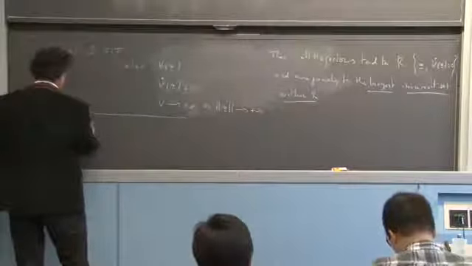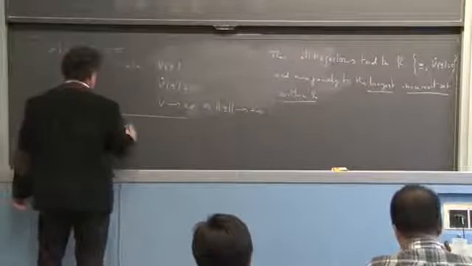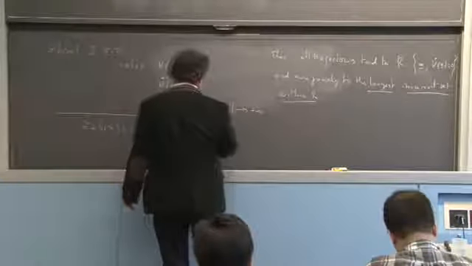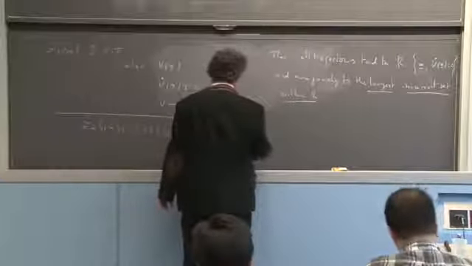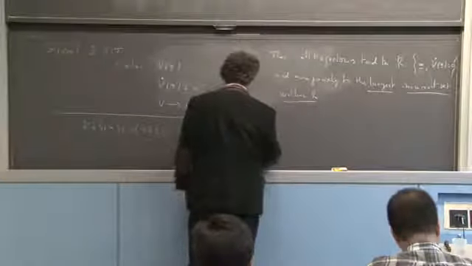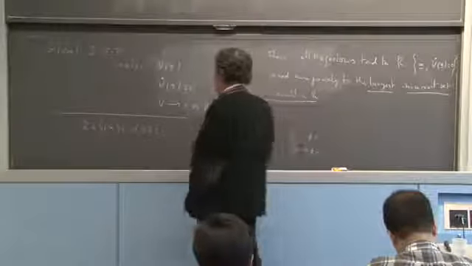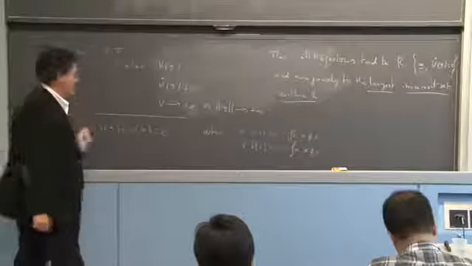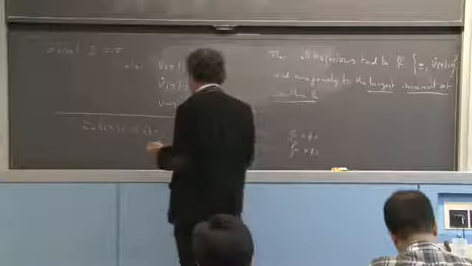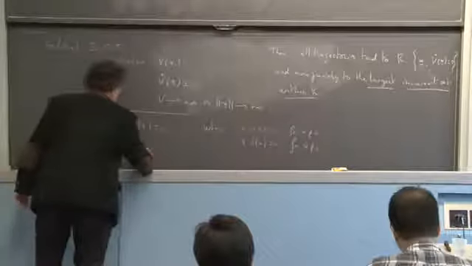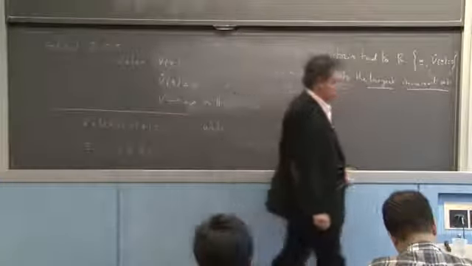We said, for instance, if we have a scalar system, x double dot plus b of x dot plus c of x equals 0, where b and c are continuous and have the same sign as their argument, then with a very simple extra condition on c, this system is globally asymptotically stable, and so the equilibrium point x equals 0 is globally asymptotically stable.